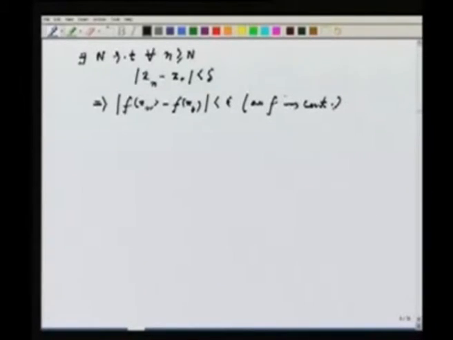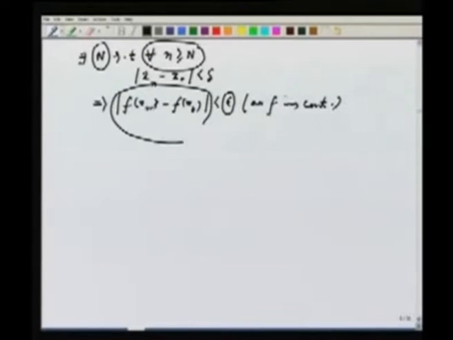But isn't it the convergence of the sequence f of xn to f of x naught? See, given epsilon, this is the epsilon which I started with, I found a stage capital N such that for all n bigger than or equal to capital N, this is happening. And this is what I wanted to prove. This implies convergence of the sequence f of xn to f of x naught.